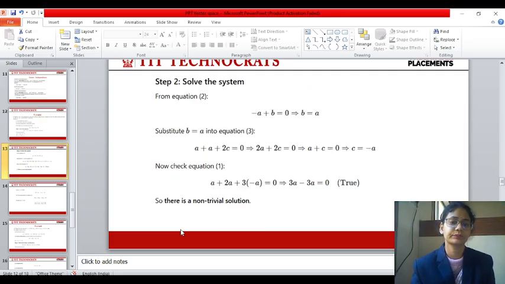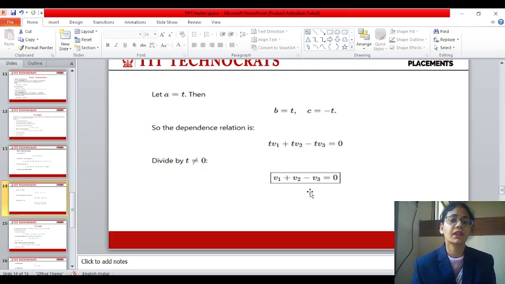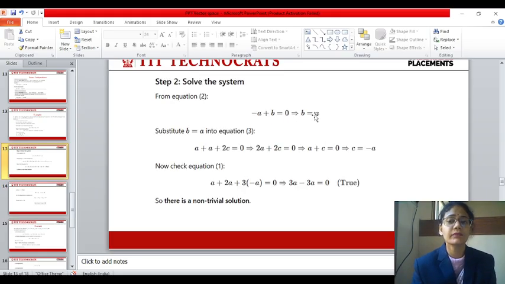Let's see. Solving the second equation, we get that b is equal to a. Now you can put b equals a in equation 3 and equation 1. We get that c and b both depend upon a. So definitely this is a non-trivial solution, which means you can simply say that b as well as c both depend upon the scalar a.